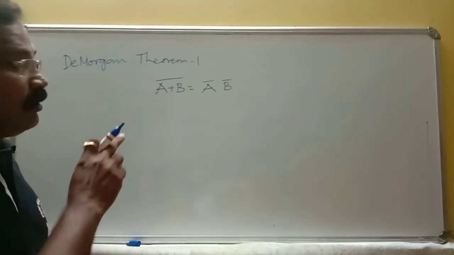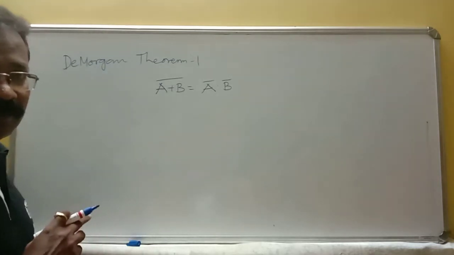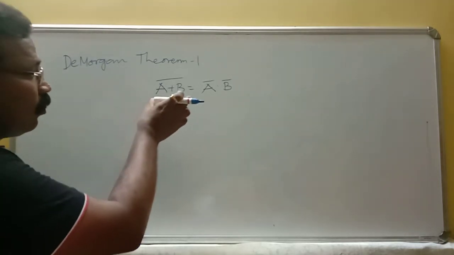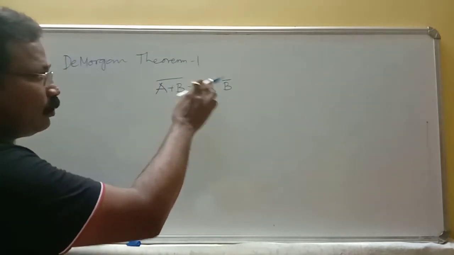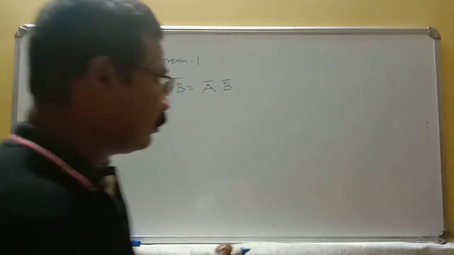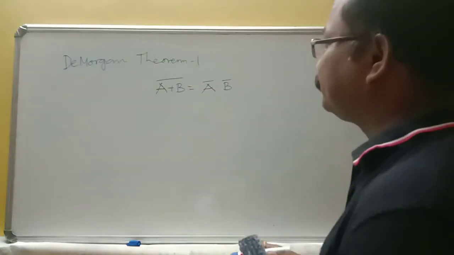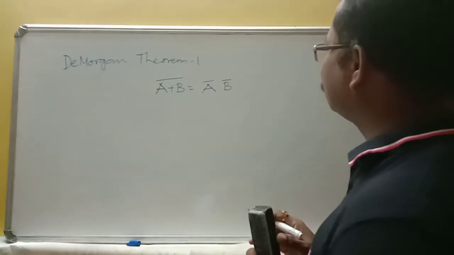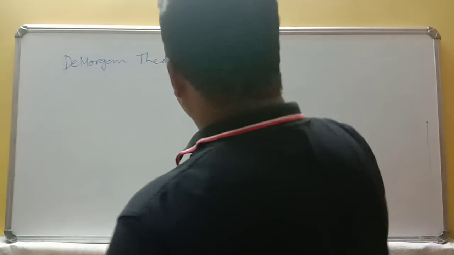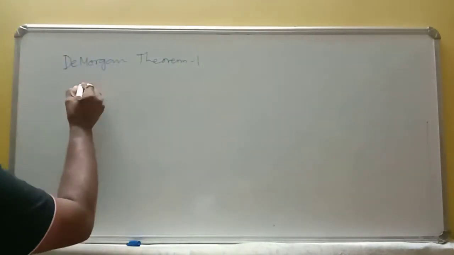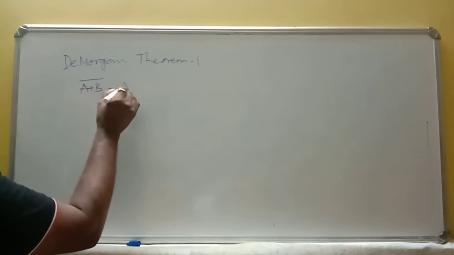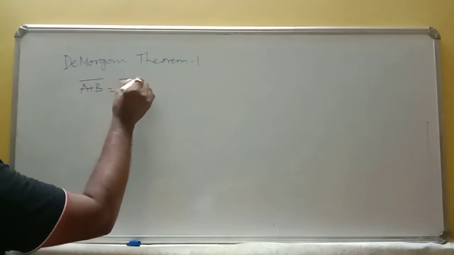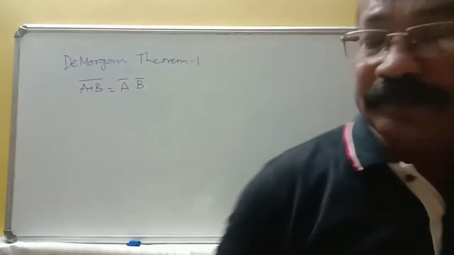That is the first De Morgan theorem. Now we will verify this theorem. A plus b whole bar is equal to a bar dot b bar.